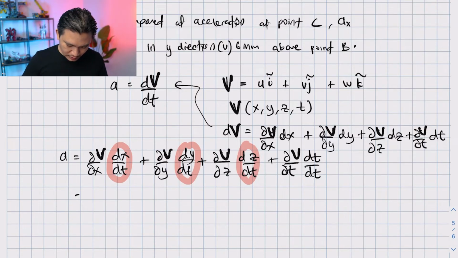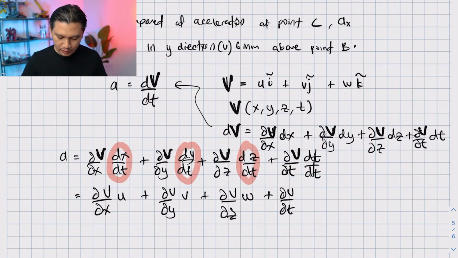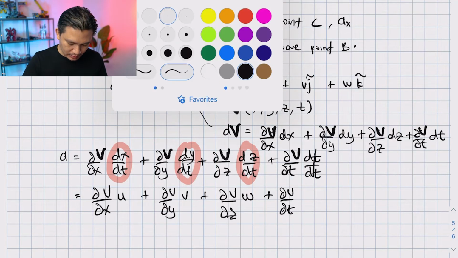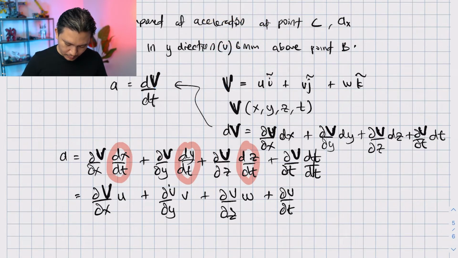So this is del V over del x times u, plus del V over del y times v, plus del V over del z times w, plus del V over del t. Let me make this clear again: this is still capital V.